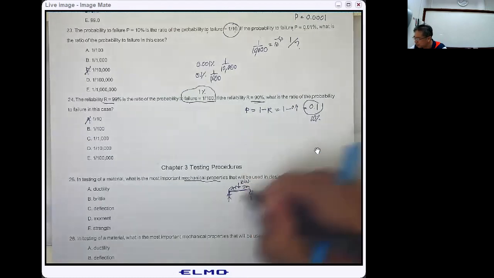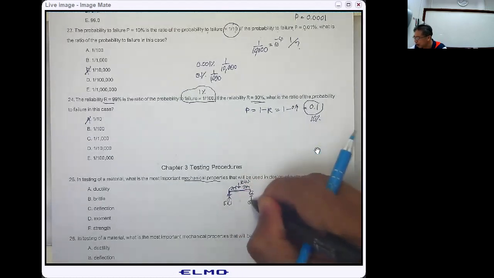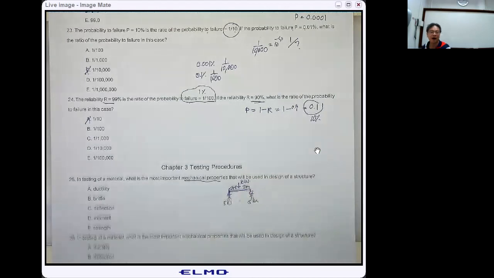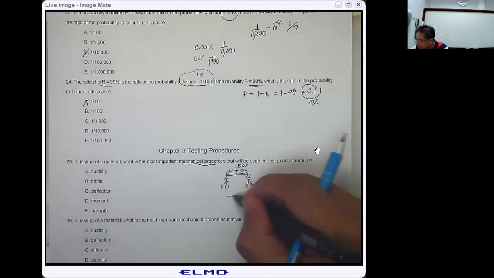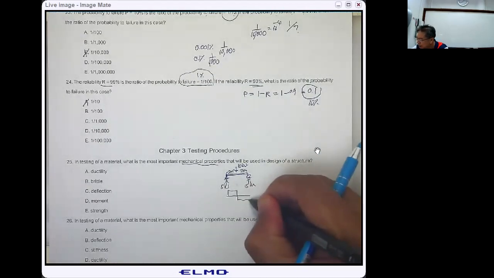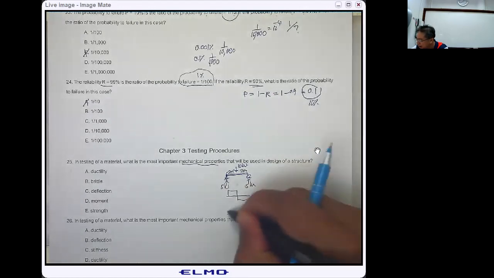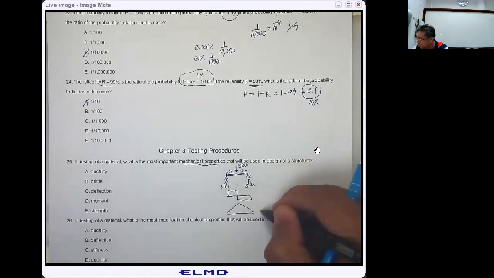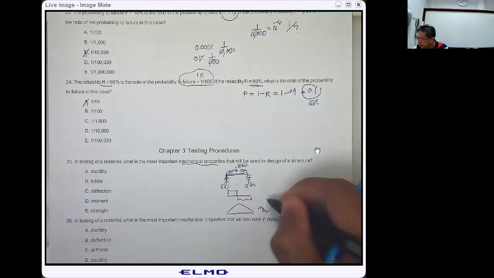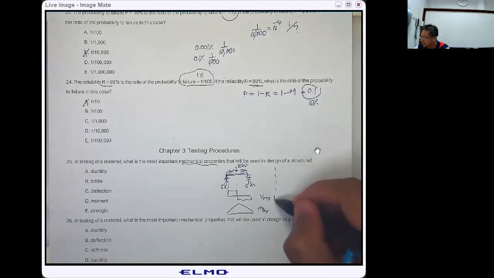By doing this, you can compute this is 5 kilonewton and this is 5 kilonewton. And then you're going to draw this shear diagram, you find the Vmax, and you're going to draw this one to find the Mmax. Okay, and then this is engineering statics.